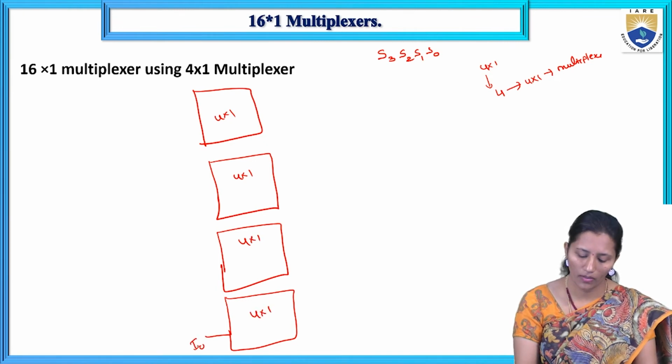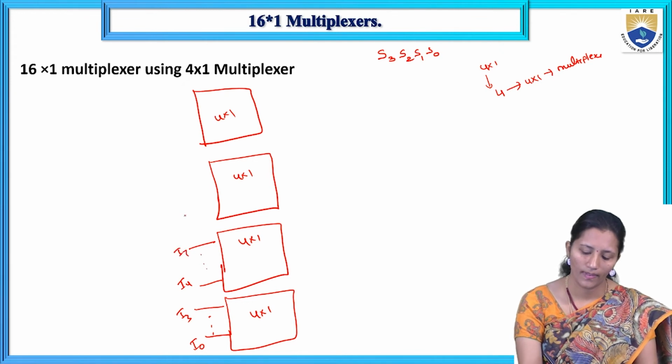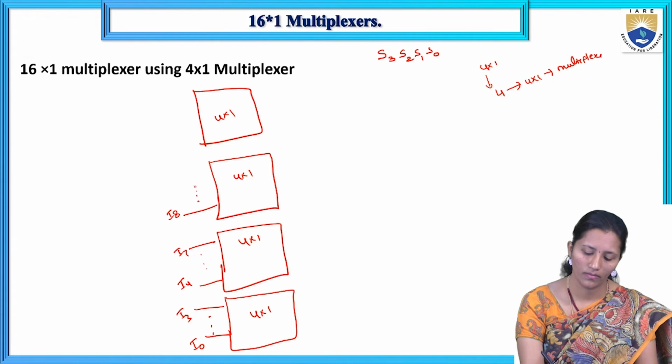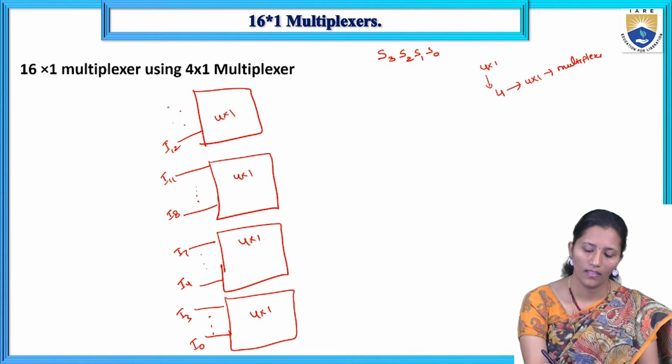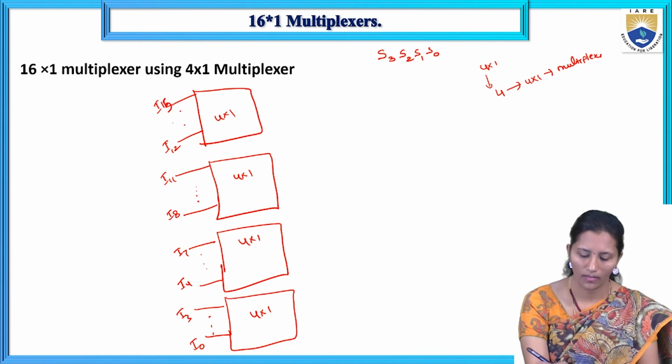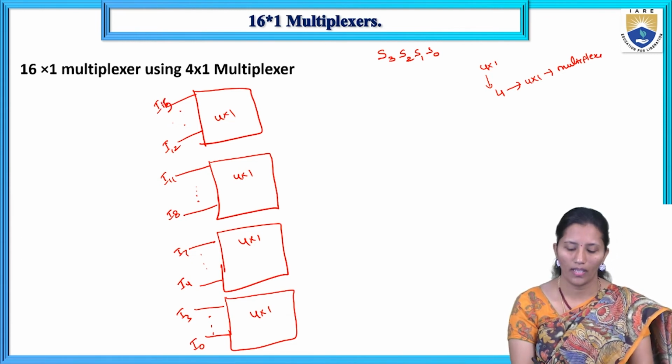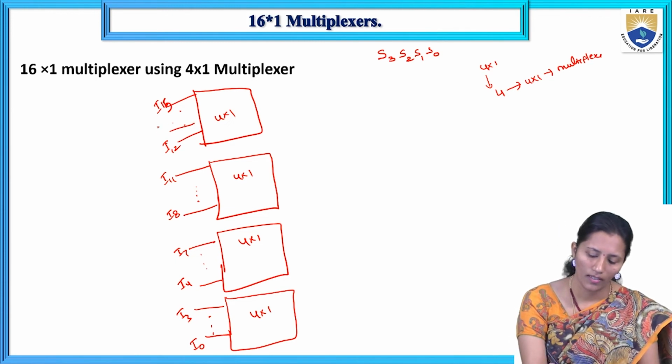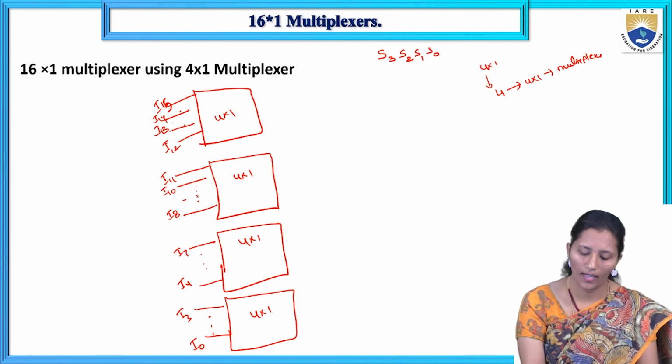So here, I0 to I3, each multiplexer has 4 inputs: I4 to I7, I8 to I11, and I12 to I15. So each one has 4 inputs.